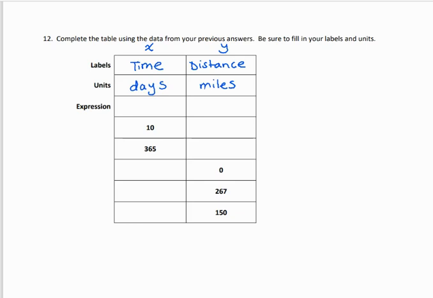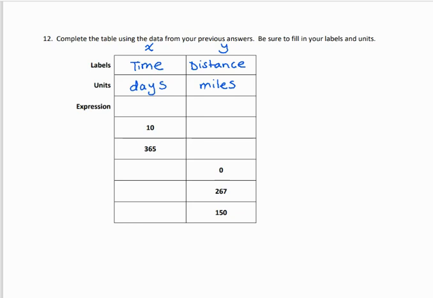Now, am I super picky with the time and distance labels? Like if you had said amount completed up top for distance, that makes sense, but our units need to be specific, miles, right? We're not talking miles on this page and on the previous page, feet, okay? We want to be consistent there. All right, now for our expression.